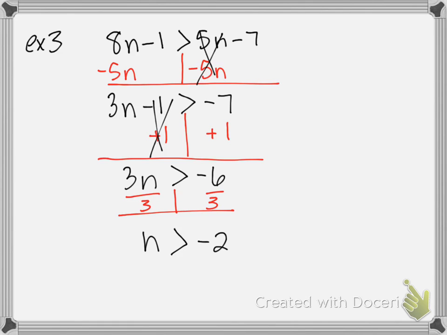Okay, and to draw that on a number line, we can do just 3 numbers: negative 3, negative 2, and negative 1. This is going to be an open circle at negative 2. And then this is saying n is greater than negative 2, so it's everything to the left.